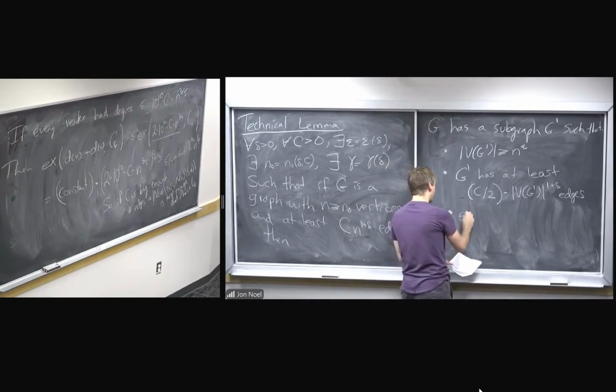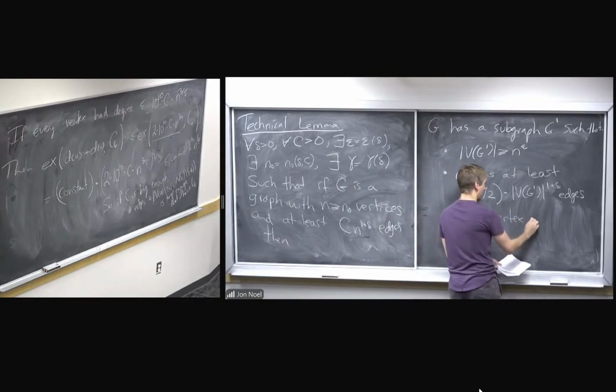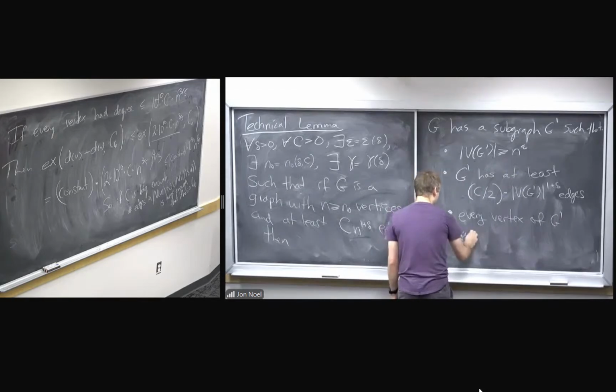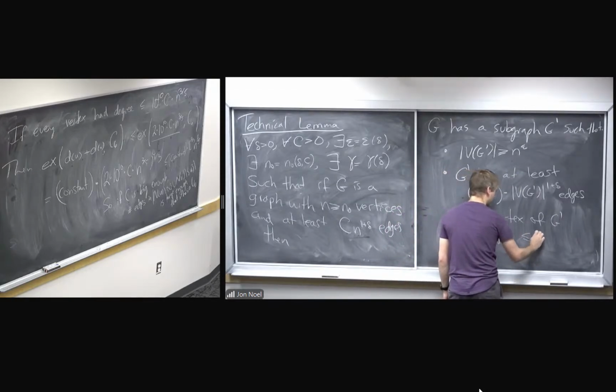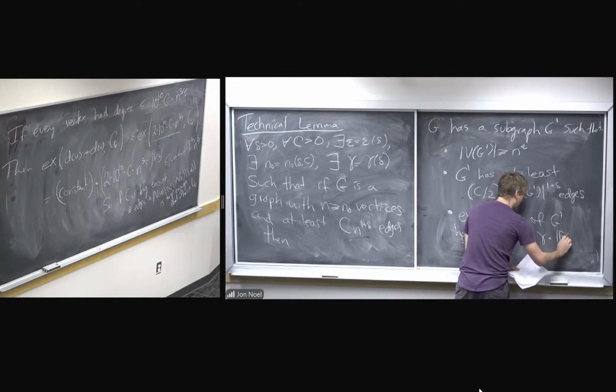And every vertex of G prime has degree at most gamma times the number of edges of G prime over the number of vertices of G prime.